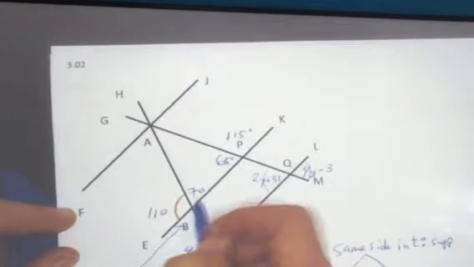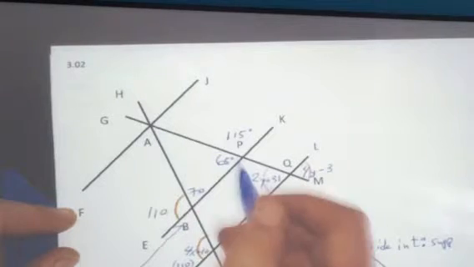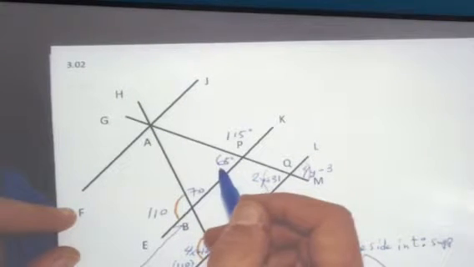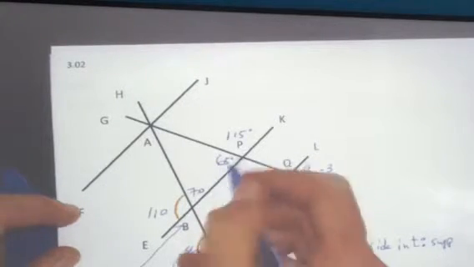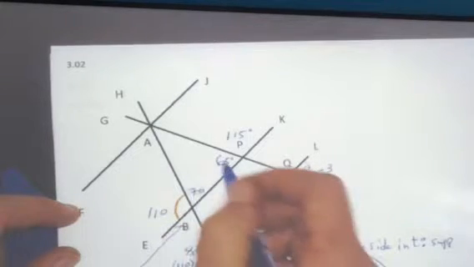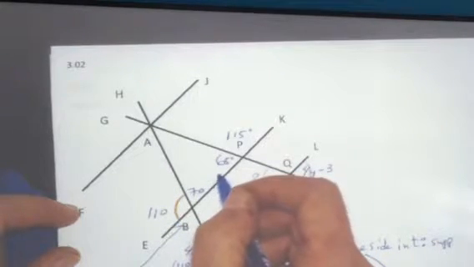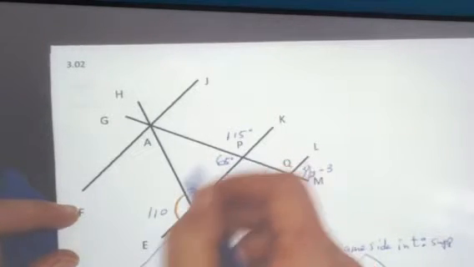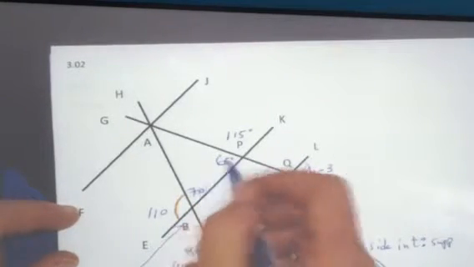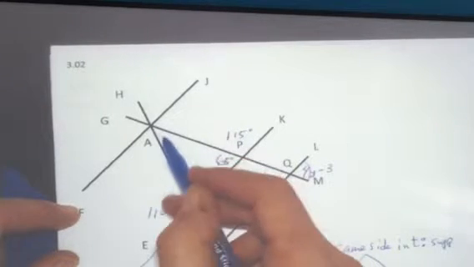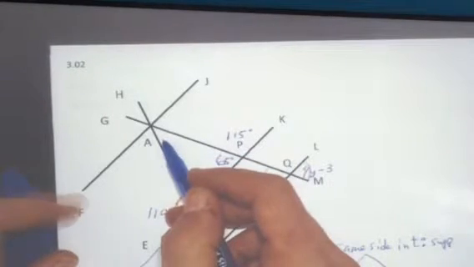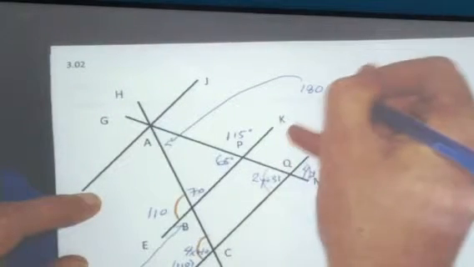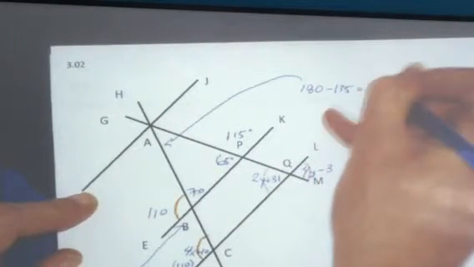Because we know that the total number of degrees in a triangle is 180. So some of that is already here. 70 plus 65, 135. So 135 of the degrees are already down here, and the rest is up here. So 180 minus 135 equals 45 degrees.